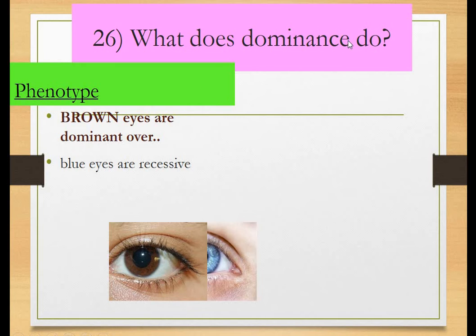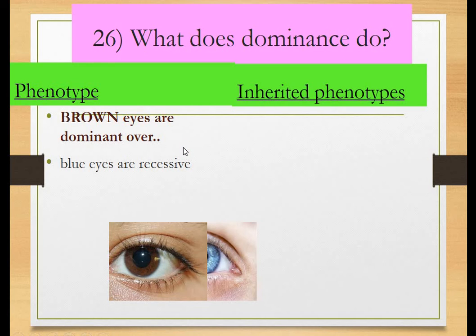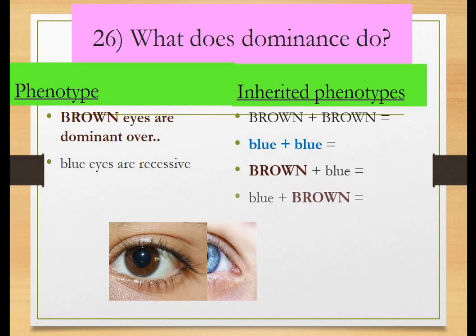Right, so what does dominance do? Basically, if someone has a brown eye gene and a blue eye gene, you might have a person that ends up with brown eyes. The brown eye gene dominates the blue, because the blue is recessive. Blue eyes in life are recessive. Brown eyes are dominant. And remember I said that you have two genes, one from your mom, one from your father, or maternal and paternal.